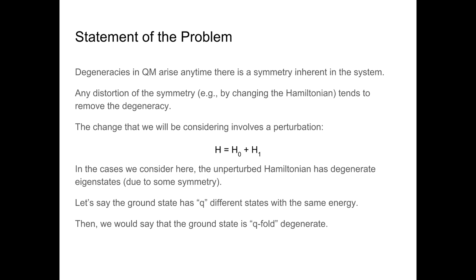Let's consider, just for an example, that the ground state has Q, where Q is just some number, different states that have the same energy. So the ground state energy is actually Q distinct states. In this case, we would say that the ground state is Q-fold degenerate.